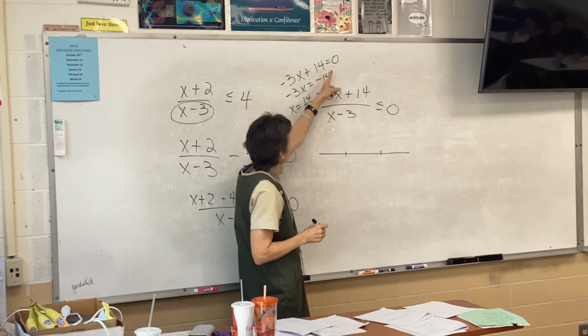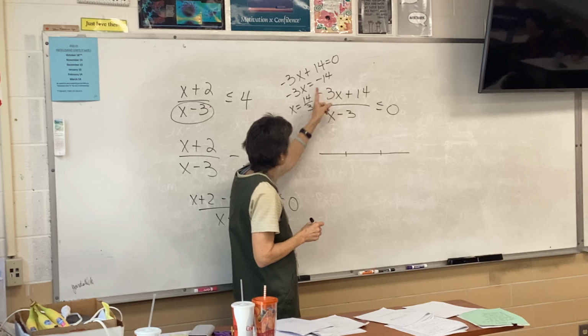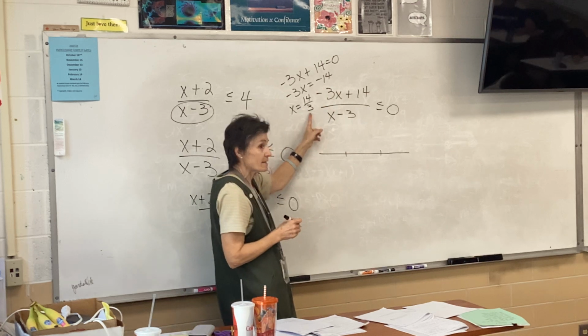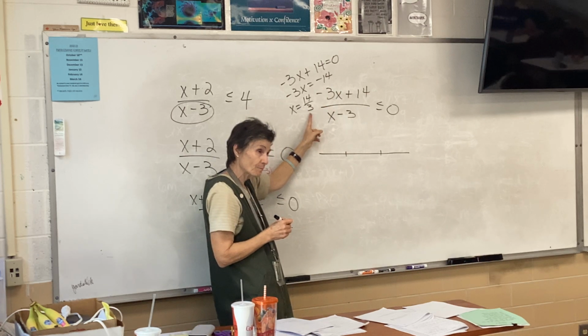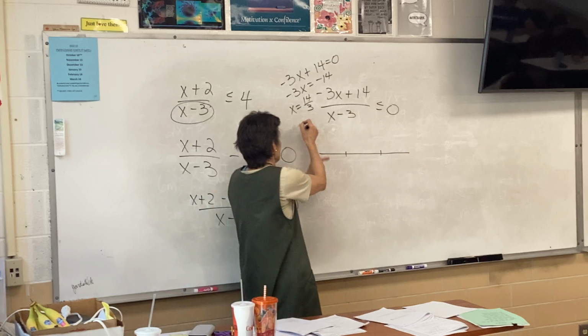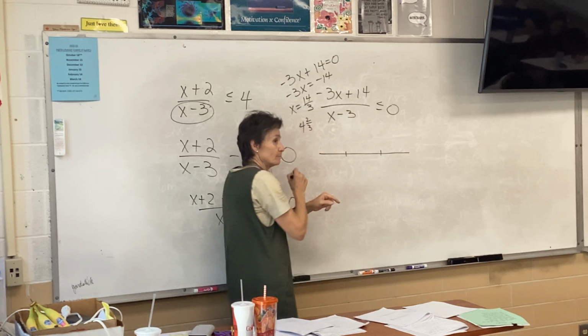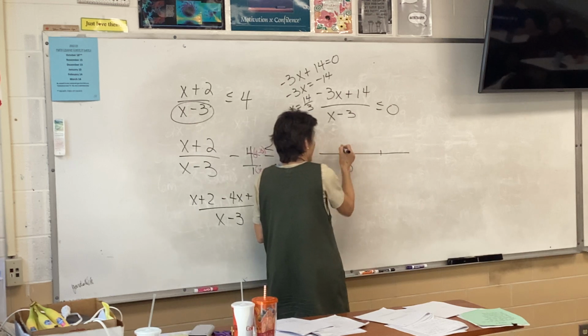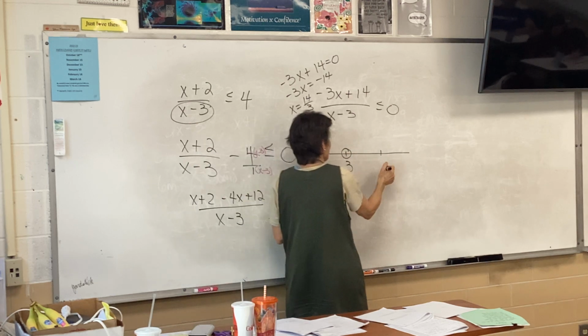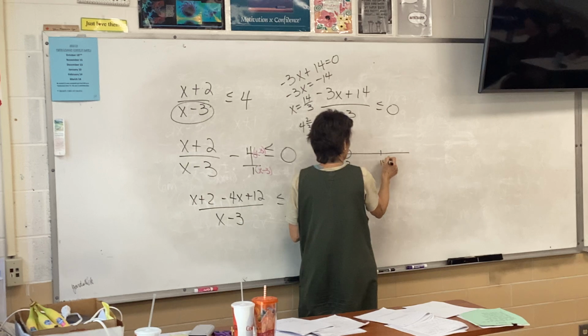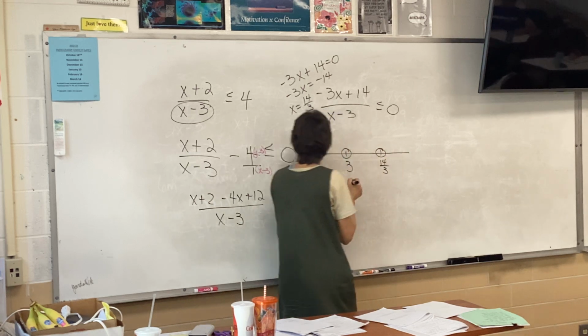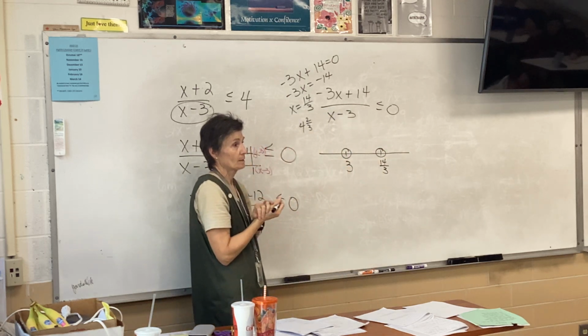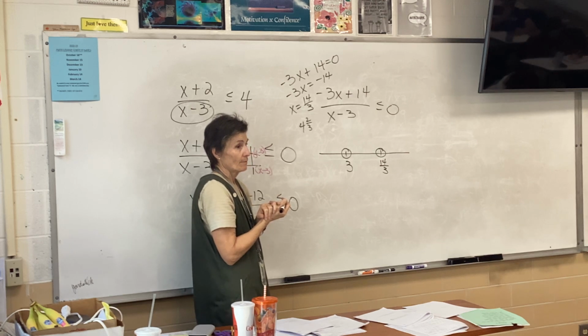So I set it equal to 0, solved it, so that dot's at 14/3, which is 4 2/3. So I'm going to put a dot at 3 and a dot at 14/3 or 4 2/3, however you want to write it.